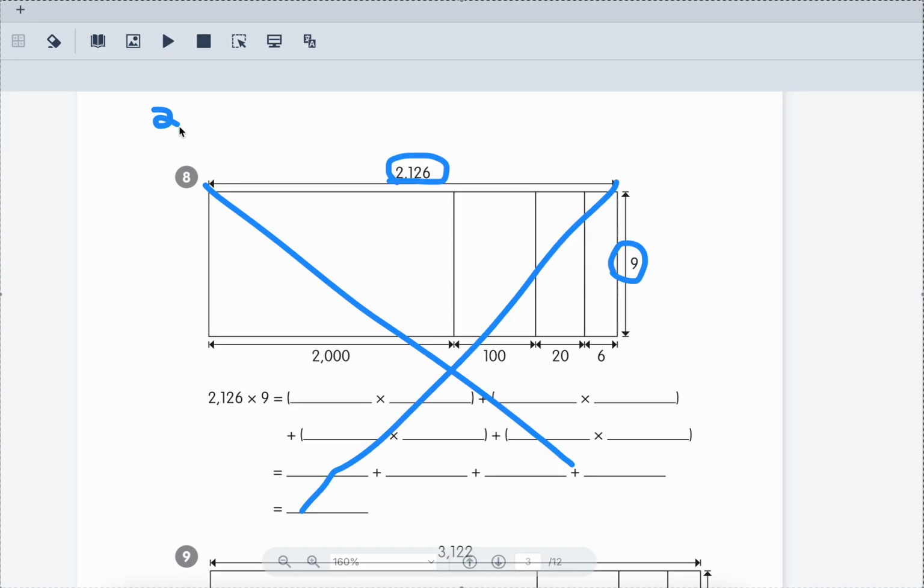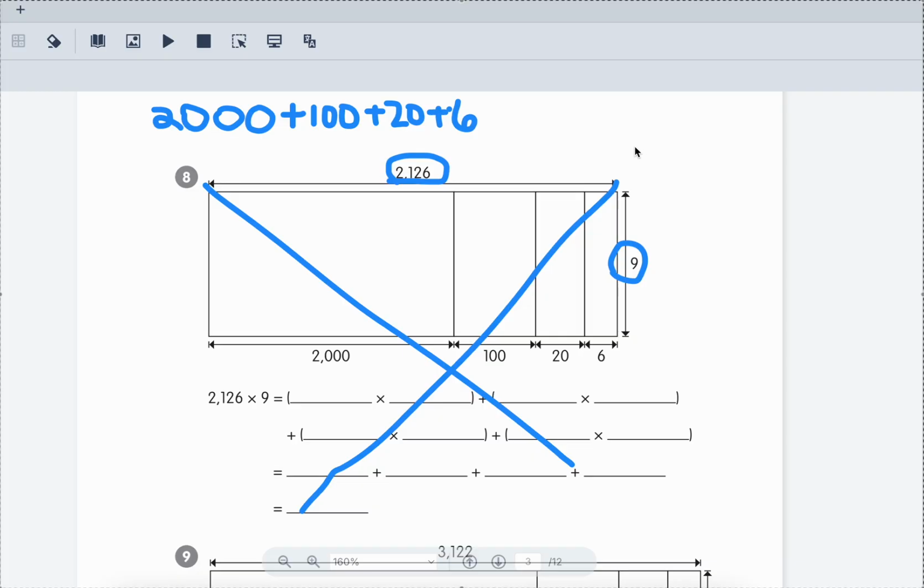So we have 2,000 plus 100 plus 20 plus 6. Okay? We're going to make our box.